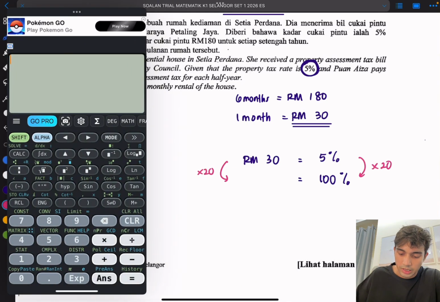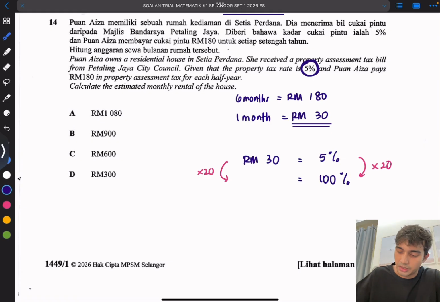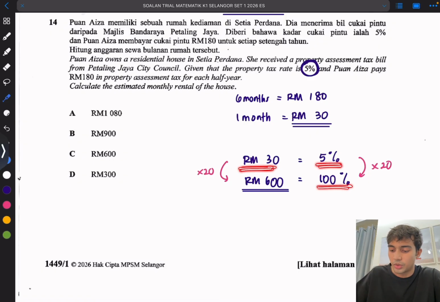So 30 ringgit times 20, her monthly rental will be 600 ringgit. So out of the 600 ringgit, every month she has to pay 5% for tax. Okay, and that 5% is the 30 ringgit lah. So if 5% represents 30 ringgit, 100% would represent 600 ringgit. So her monthly rental is 600.